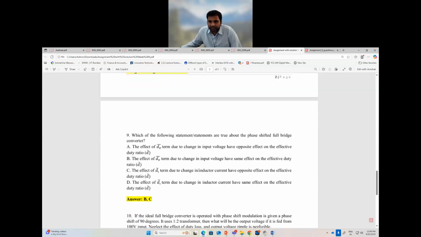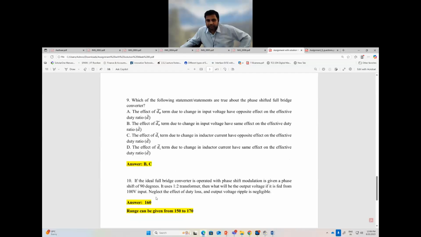For the current, it has the opposite sign. As the inductor current increases, your d loss term reduces, and that is when your effective duty ratio is increasing. So it has the opposite impact. That's why answers B and C are correct in this question.